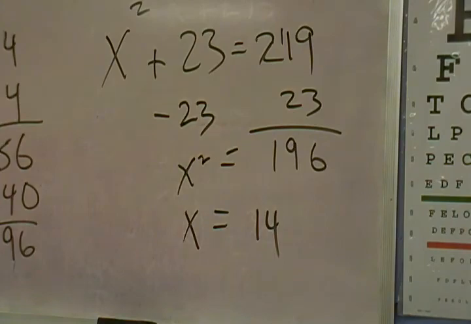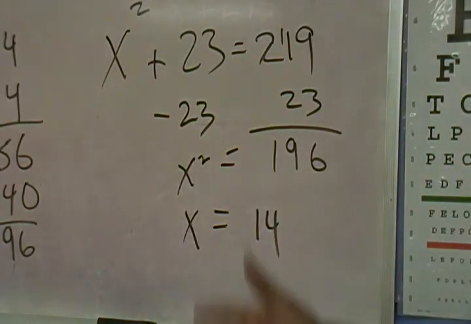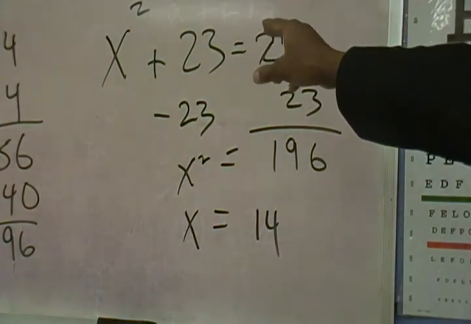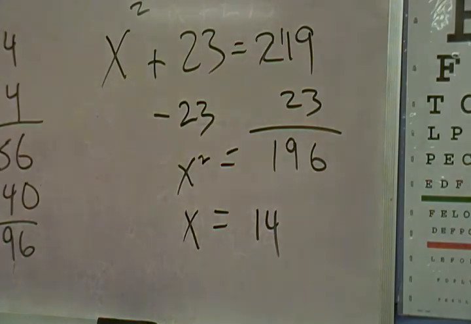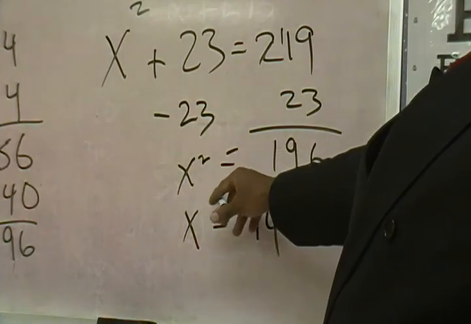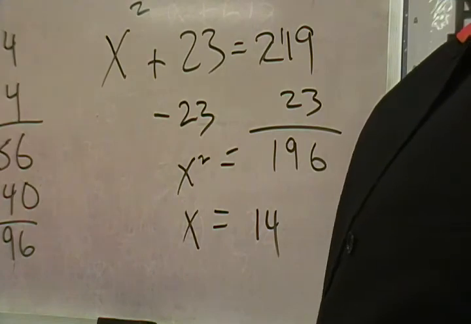So what you did, multiply 14 by 14 immediately? Yeah, because that's what the square is. Remember it said a number times itself plus 23 equals 219. So we subtracted the 23, that gave us 196. So x squared is the number times itself equals 196.